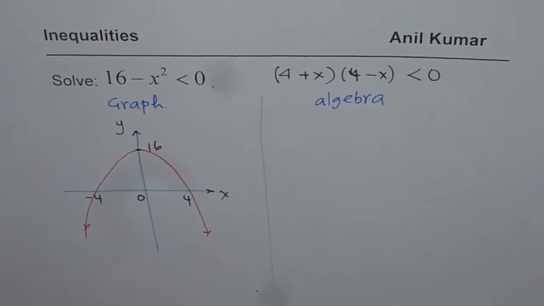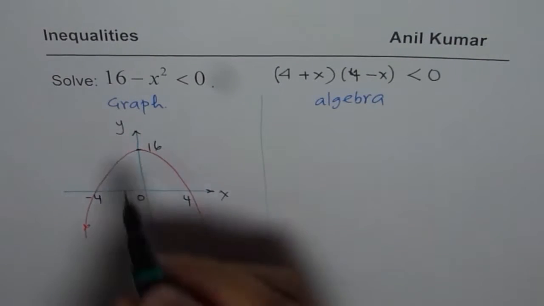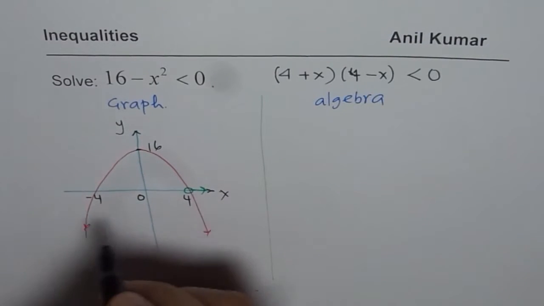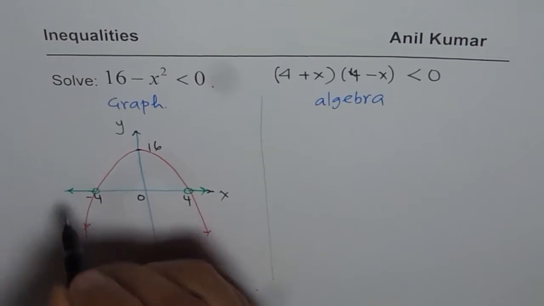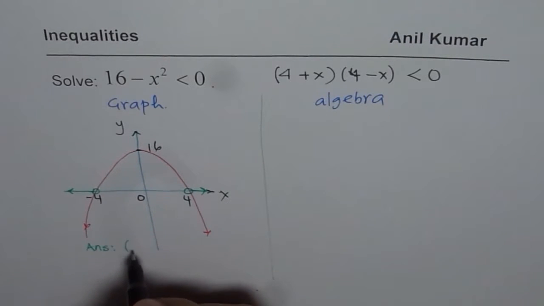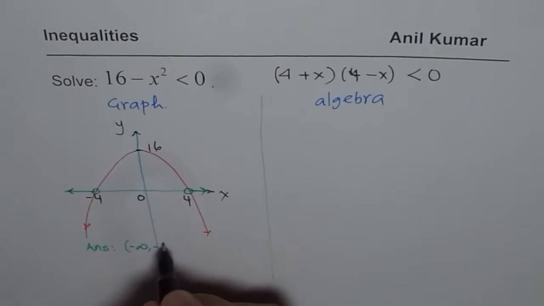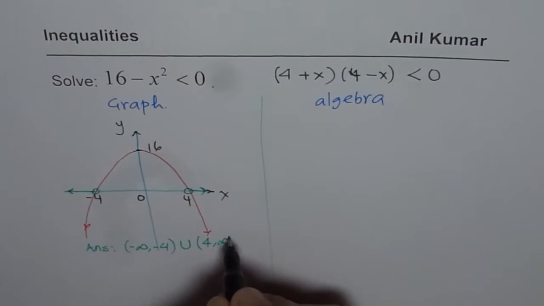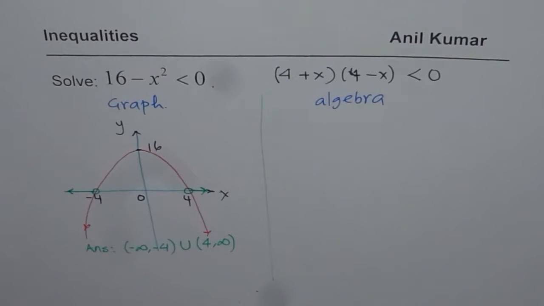Now when the result should be less than 0, we're looking for a solution on either side of minus 4 and 4. We write the answer as from minus infinity to minus 4 union 4 to infinity. That is how we could easily see the solution on a graph and write it down.